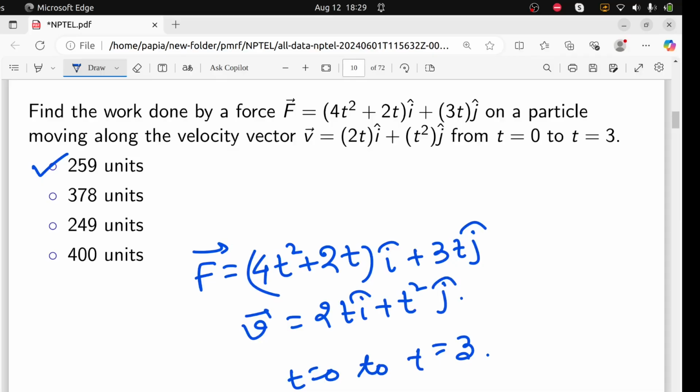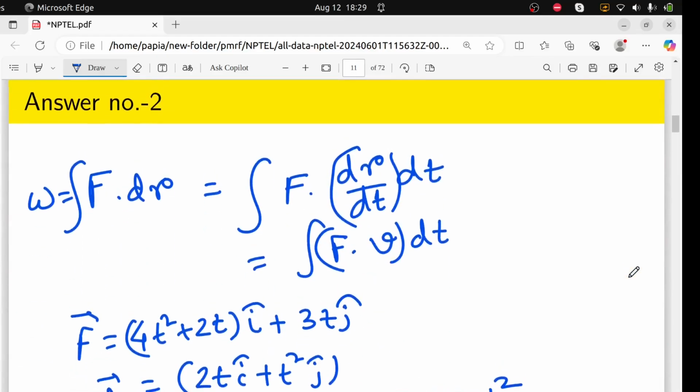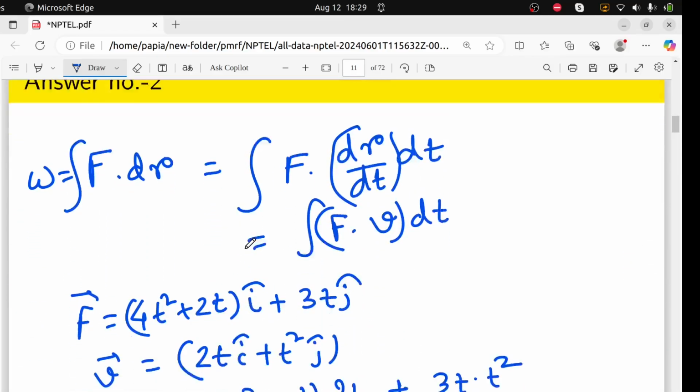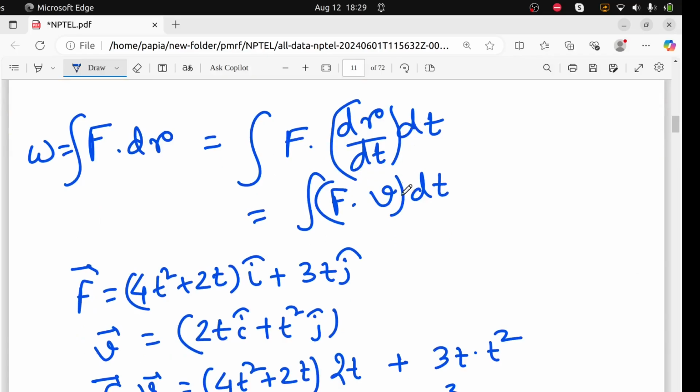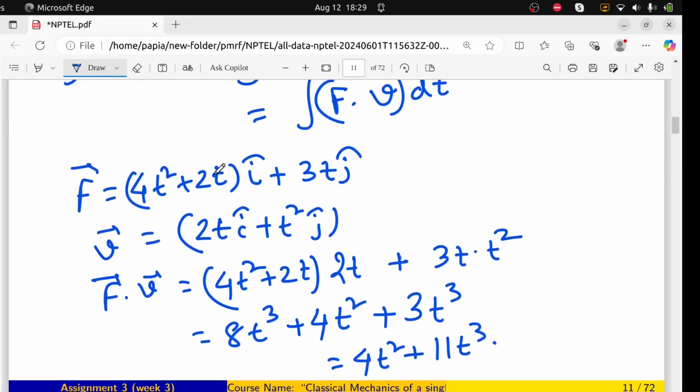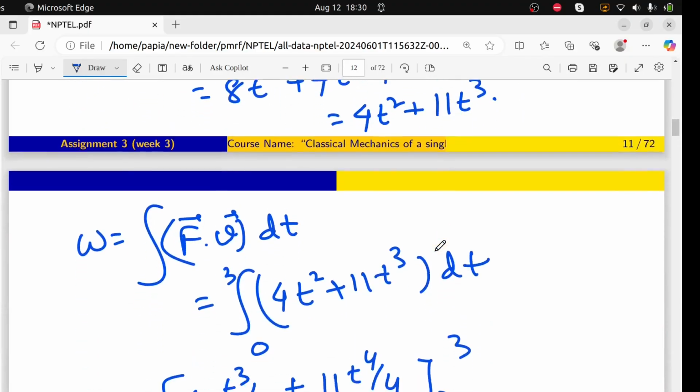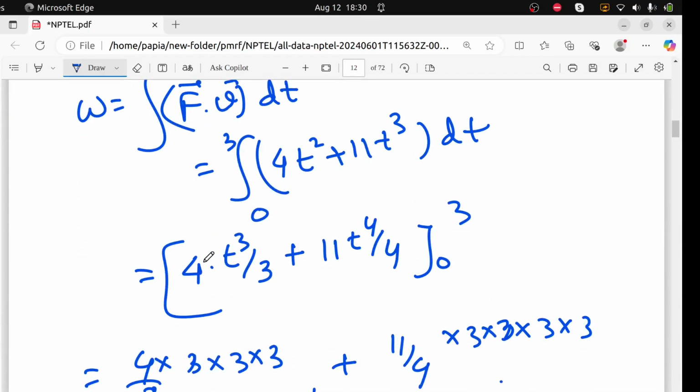So how did I do that? I have the velocity vector v, I have the force, and they are asking what will be the work done by a force. So what I did, F dot dr, and F dot dr means F dot dr by dt into dt, so F dot v dt. As F is given in terms of t, and v is given in terms of t, we will just do F dot v, and then calculate the integral of F dot v dt, and the integration will be from t equals 0 to 3.